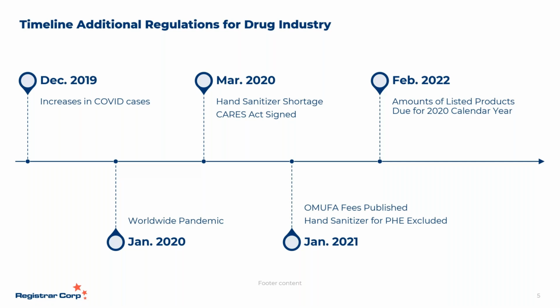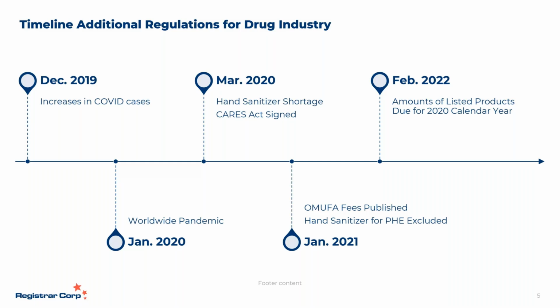How did this CARES Act come about? In December of 2019, people were getting sick at a rate, and not the usual light cold symptoms. By January of 2020, it was a worldwide pandemic that changed the course of many lives. For all of us, this is still pretty fresh in our minds, so I do not believe we really need to get into any details.